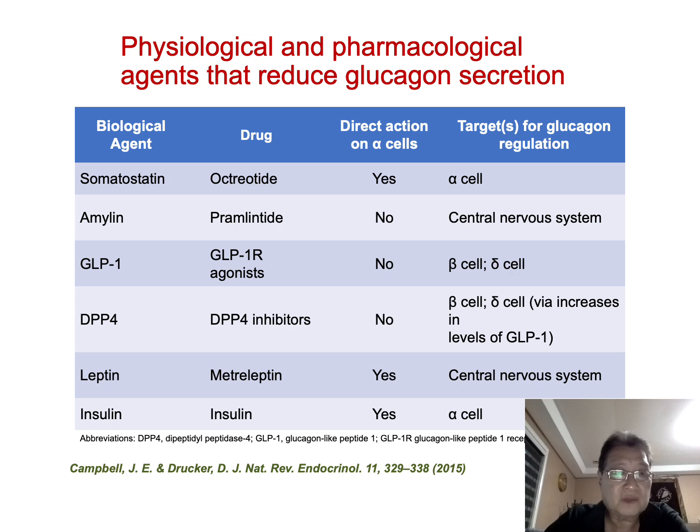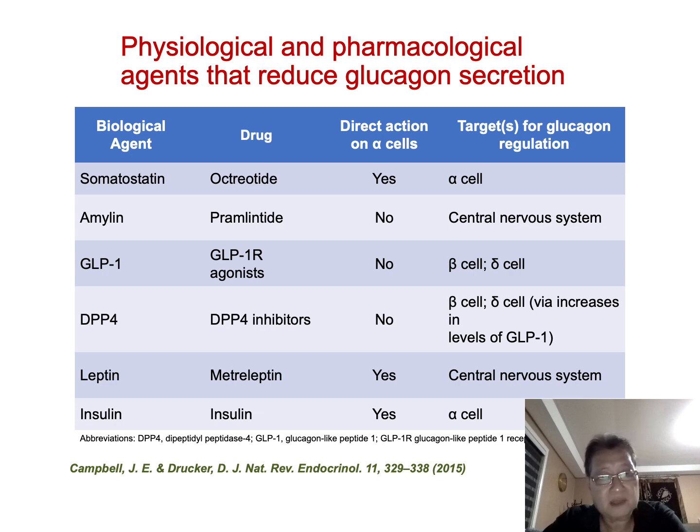Okay, so for the GLP-1 and DPP-4, both are incretin-based drugs, and it works on GLP-1. So it does not have a direct action on alpha cell, but it's more on a delta cell, stimulating the delta cells to secrete somatostatin, and somatostatin in turn inhibits alpha cells to reduce glucagon level. Okay. Now, the next is leptin or metreleptin as a drug.